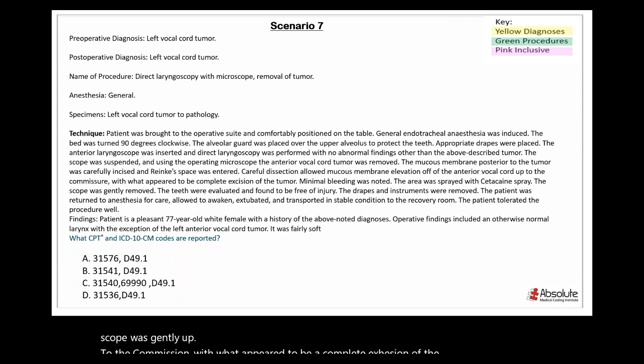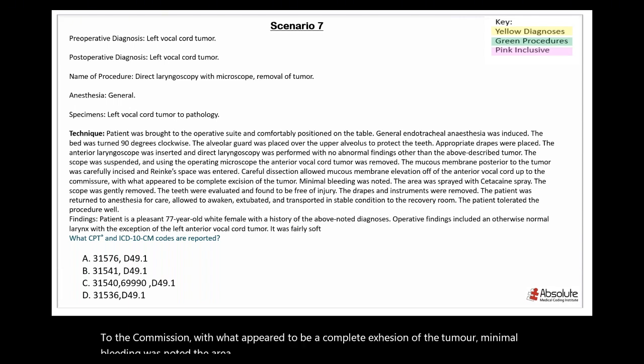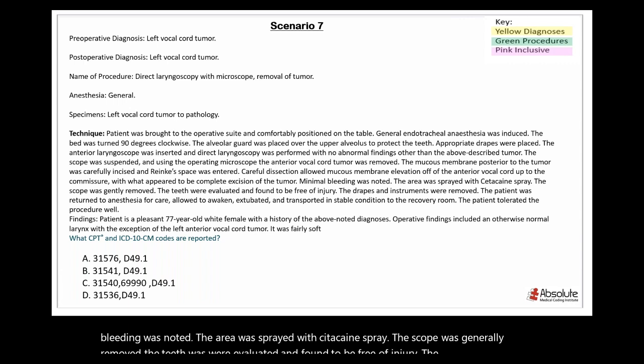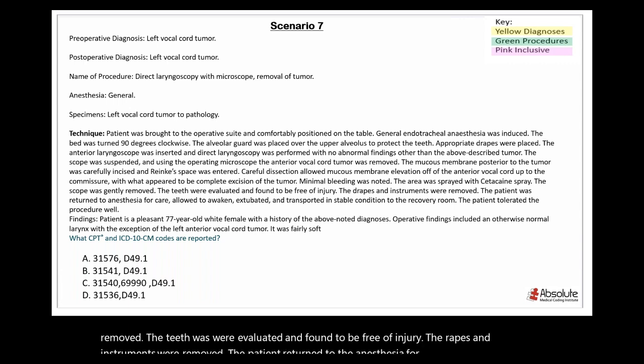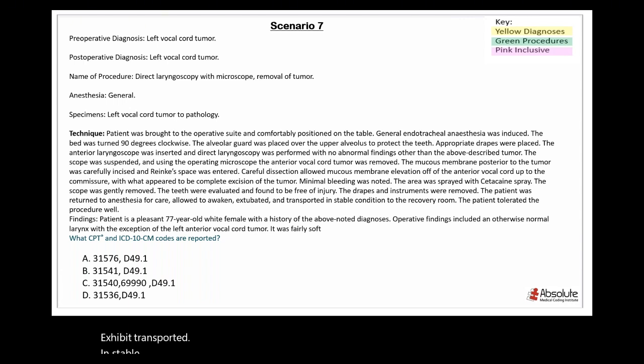Minimal bleeding was noted. The area was sprayed with cytokine spray. The scope was gently removed. The teeth were evaluated and found to be free of injury. The drapes and instruments were removed. The patient was returned to anesthesia for care, allowed to awaken, extubated, and transported in stable condition to the recovery room. The patient tolerated the procedure well.